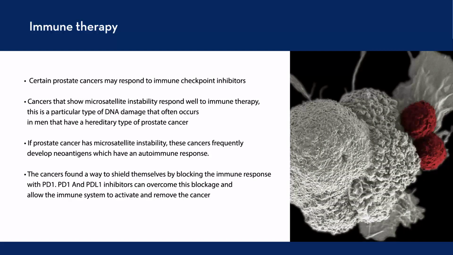Some exciting developments in prostate cancer are the use of immune therapeutics. There are some early studies that may indicate that certain prostate cancers may actually respond to immune checkpoint inhibitors, such as Keytruda. Some of those cancers would be cancers that show microsatellite instability. This is a particular type of DNA damage that often occurs in men who have a hereditary type of prostate cancer, in Lynch syndrome.